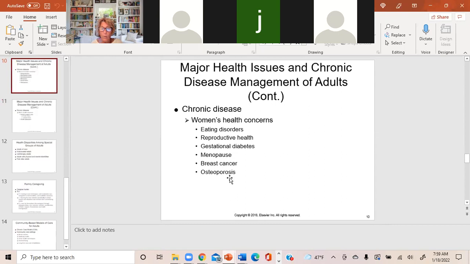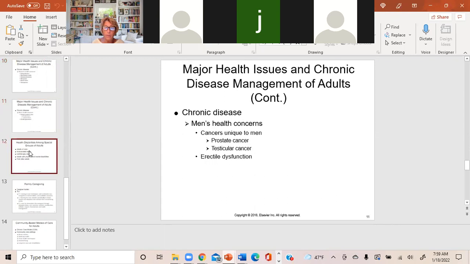What are some women's health concerns? Okay, you'll get asked about identifying, pick out of the group of answers, pick one that is a chronic disease concern of women's health. Pick one that is of men's health. So you need to have an idea of what these are.